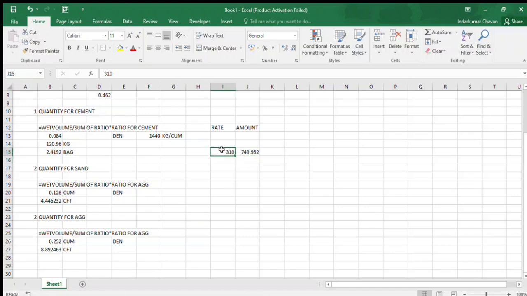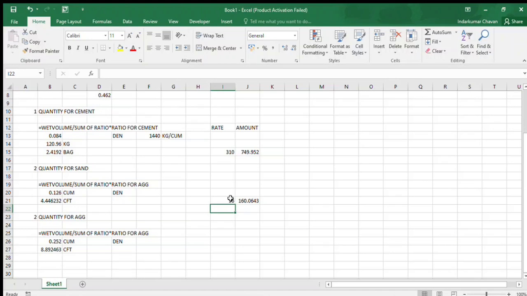Same, I will just copy these two things here in CFT. So I know the rate for sand, that is for CFT is 36 rupees, because at 3600 per brass I will get sand, that is crushed sand. I am not considering here the river sand or artificial sand.